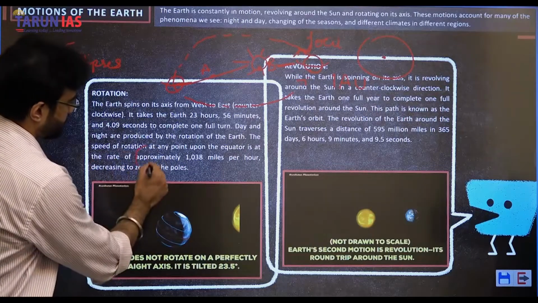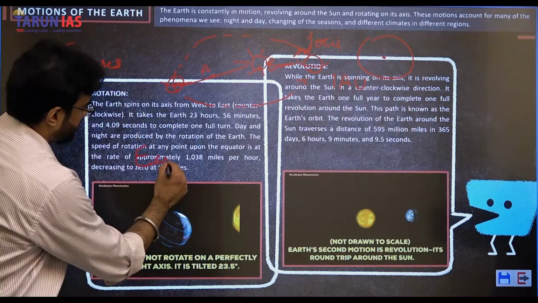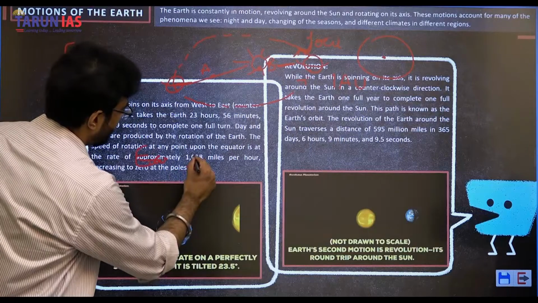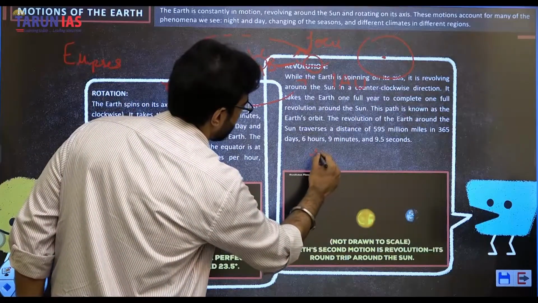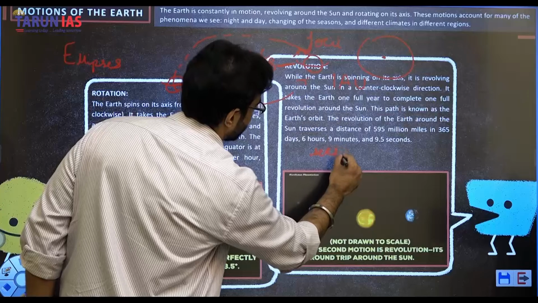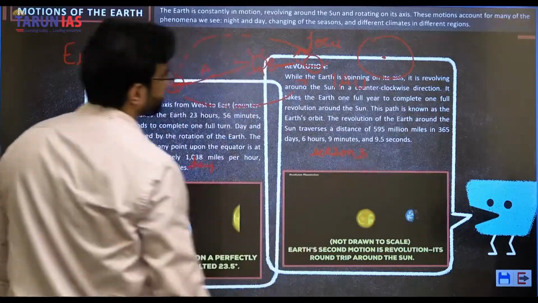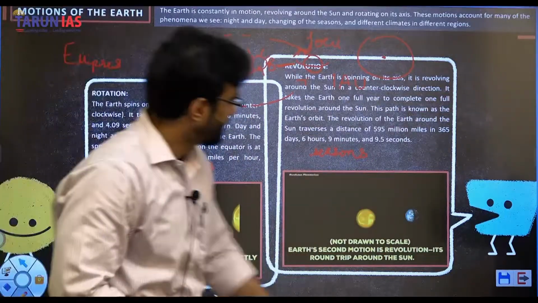Rotation is basically responsible for the days and nights, and revolution is basically responsible for the seasons. So moving on.